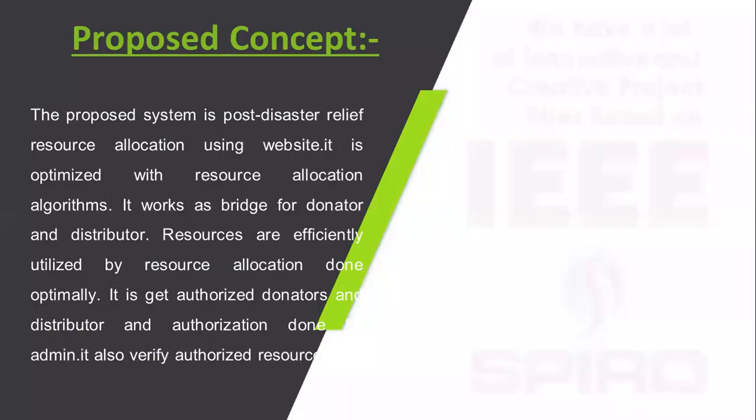In the proposed system, we allocate resources in an optimal way, which can be utilized by everyone in the areas affected by disaster. We get authorized donors and distributors by getting verification from the admin, and they authorize the resources also.